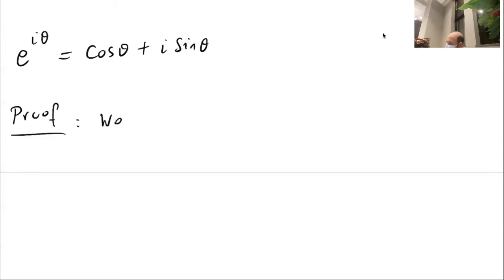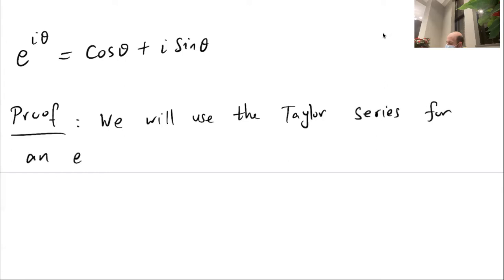We will use the Taylor series for an exponential function.